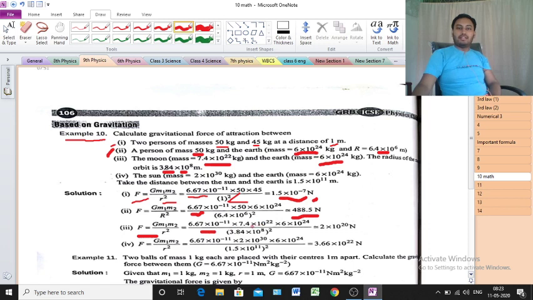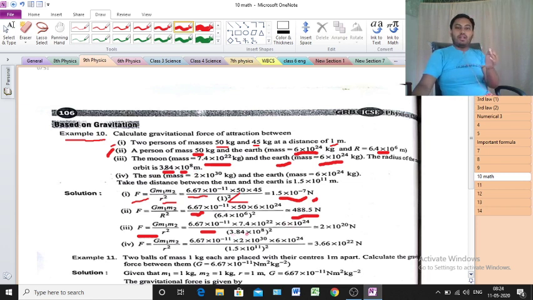I hope you understand. 7.4 into 10 to the power 22 kg, multiplied by 6 into 10 to the power 24, the mass of the earth. Clear? Again the radius is 3.84 into 10 to the power 8 meter.